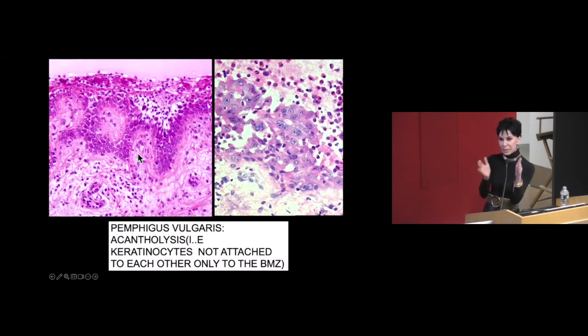So in other words, the basal layer keratinocyte is adherent to the basement membrane zone, but it is not attached to the adjacent keratinocyte. So it appears as a tombstone, like it's standing on its own. And so here we have these degenerated basal layer keratinocytes that are adherent to the basement membrane zone, but they're separated from each other, and there's a tremendous amount of intercellular adhesion loss in the lower two-thirds of the epidermis, ultimately leading to significant sloughing of most of the epidermis.